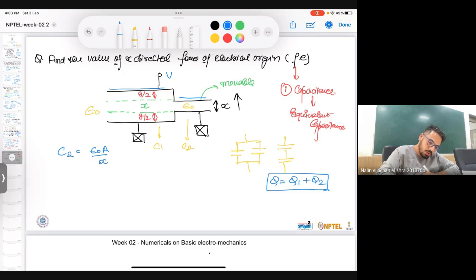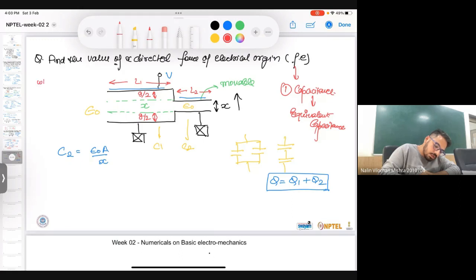So I should also give you the value of area. This is length L2, this is length L1, and the width is common.